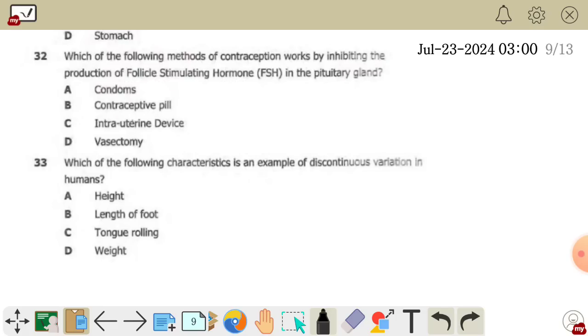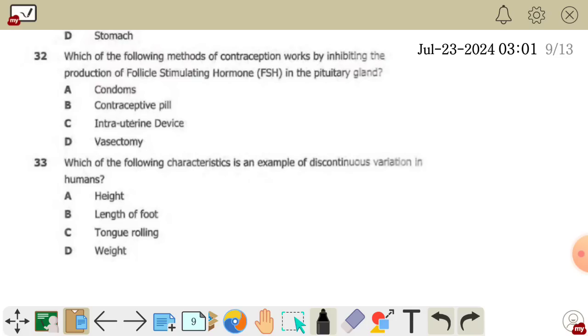So question 33. Which of the following characteristics is an example of discontinuous variation in humans? A. Height. B. Length of foot. C. Tongue rolling. D. Weight. So in discontinuous variation, we do not have intermediates.